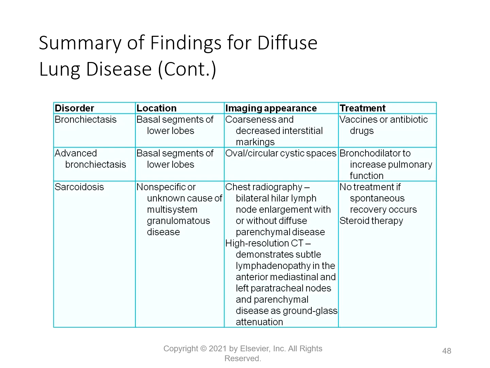Because of their lack of functioning, you can appreciate a coarseness or decrease in interstitial lung markings because it's not controlling as well the amount of air that's going in and out during inspiration and expiration. By treating the patient with vaccines before they ever get the infection that would lead to bronchiectasis, we've seen a significant decrease in the number of cases of this.